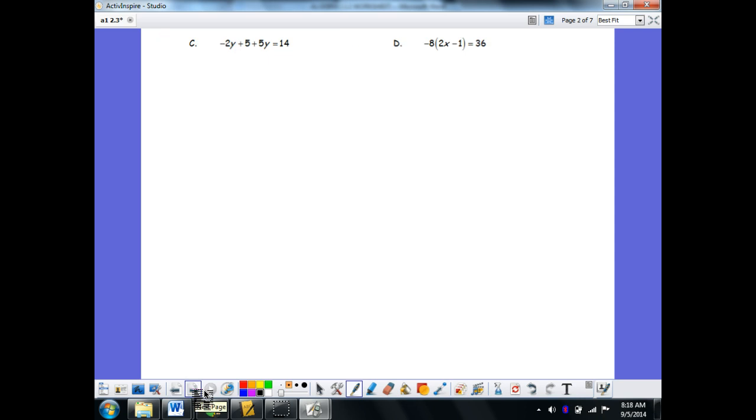Now the next example, more combining of like terms. The two like terms, negative 2y plus 5y is 3y plus 5 equals 14. And first thing we do, now it's a regular two-step equation. Subtract 5 from both sides, and that is the subtraction property of equality.